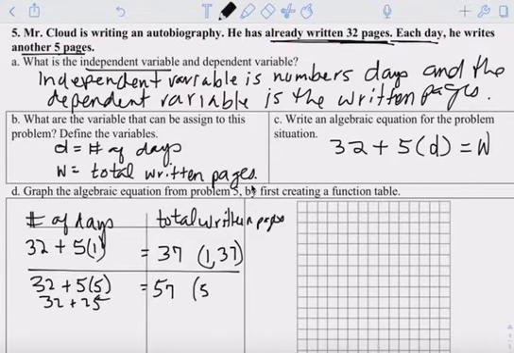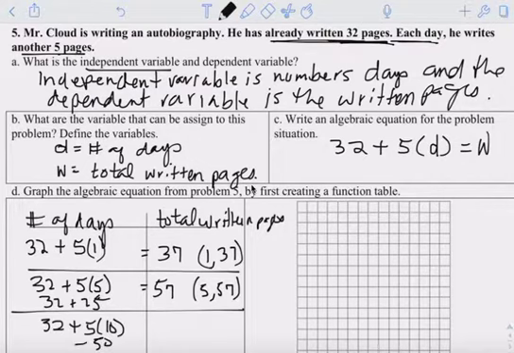So in 5 days, he's written a total of 57 pages. Let's say 10 days. That's 50 plus 32. Use a calculator if you need to. He's written a total of 82 pages. So in 10 days, he wrote 82 pages.